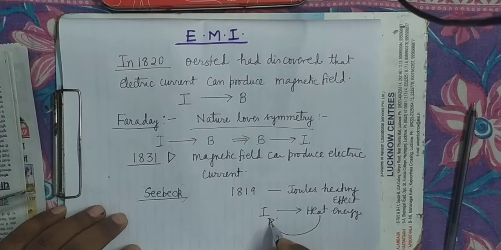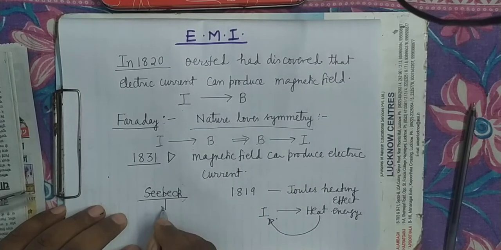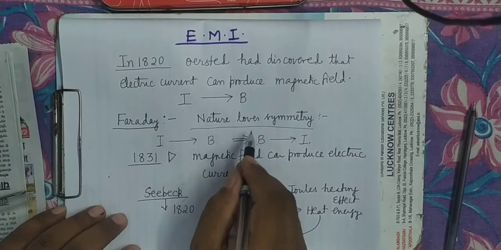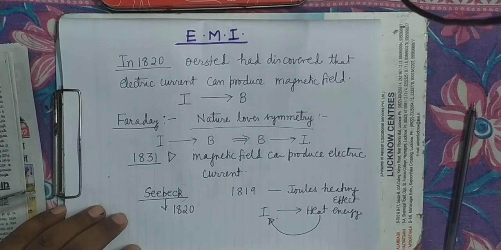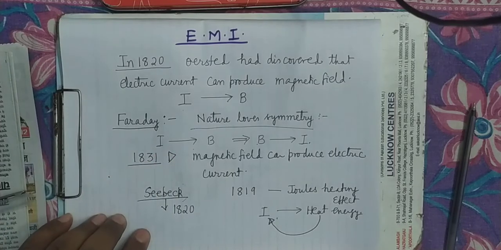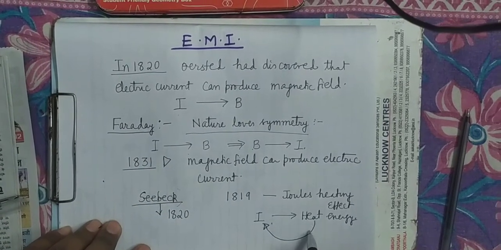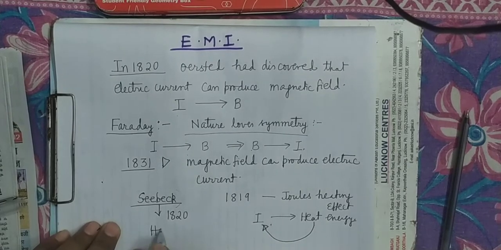Heat energy can produce electric current. That is now known as, in 1820, by following this philosophy of Faraday, Seebeck discovered that heat energy produces electric current.